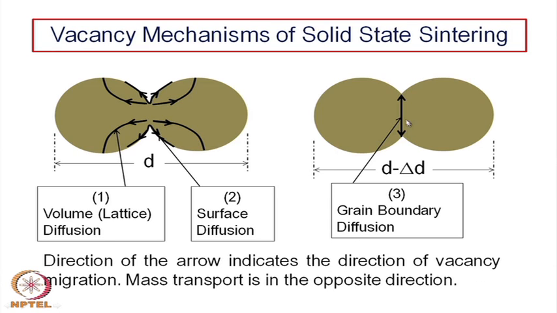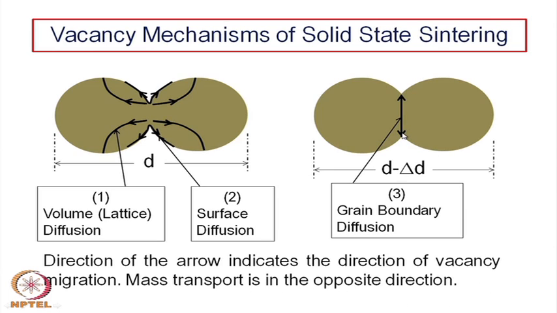Of course, here it is maybe slightly misleading; actually the vacancy is moving from this point to that point, or from this point to that point, okay. That possibly has not been drawn well. But the vacancies are moving along this line, which is basically a flat surface. So, the mass transport is in the opposite direction.